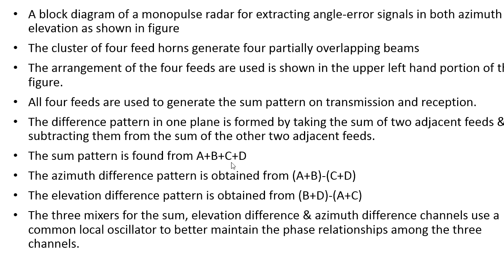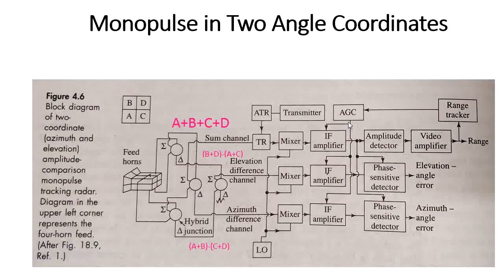And one more thing, here the automatic gain controller. The purpose of the automatic gain controller is nothing but in order to maintain the constant gain of the amplitude of the signal. Sometimes if the amplitude of the signal increases, in order to maintain the same stability, I need to apply a lesser value.